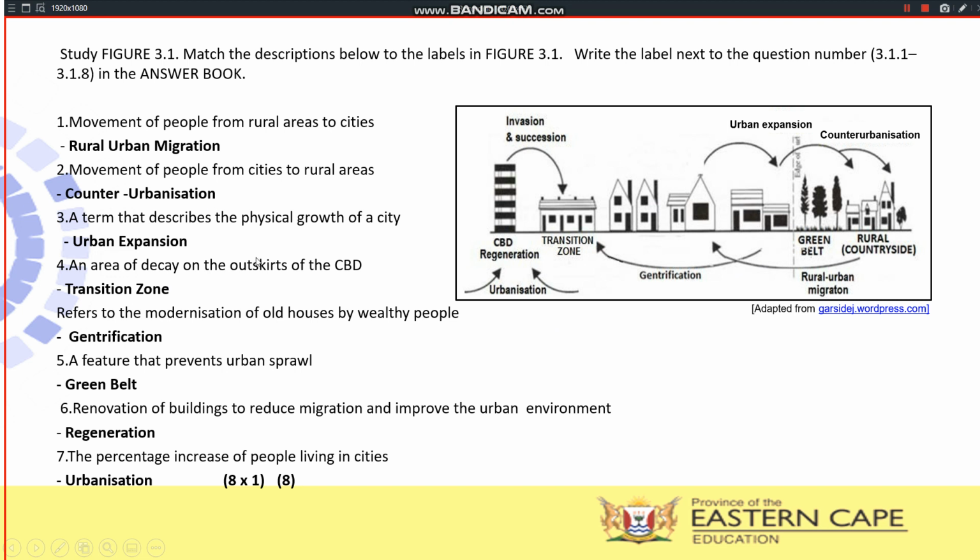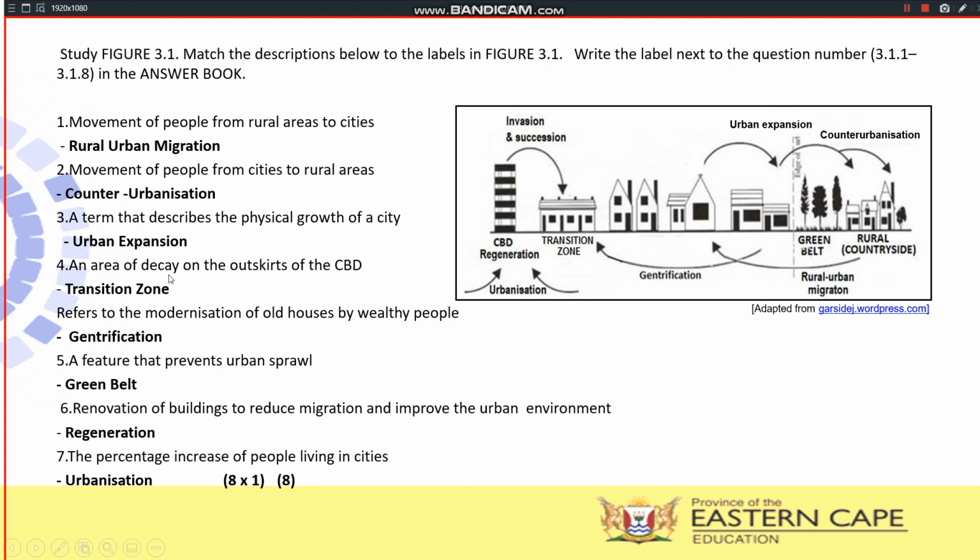A term that describes the physical growth of the city, right? It's called urban expansion, when the city physically grows and more buildings are erected, etc. So that we call urban expansion.